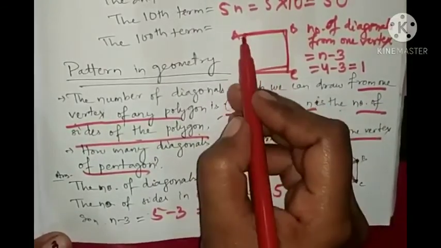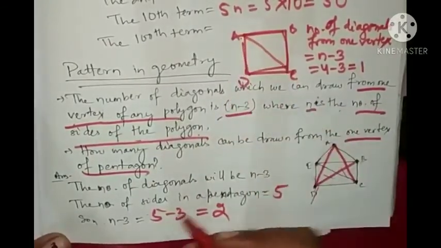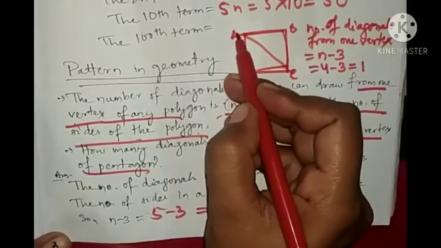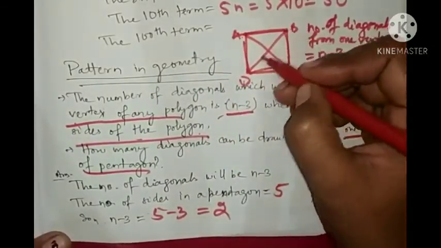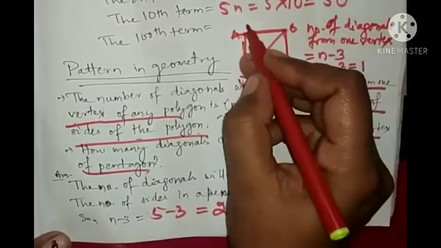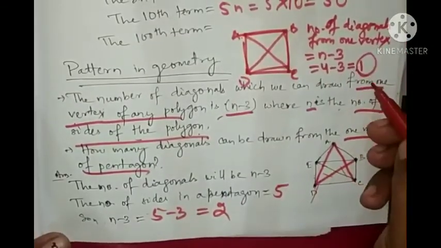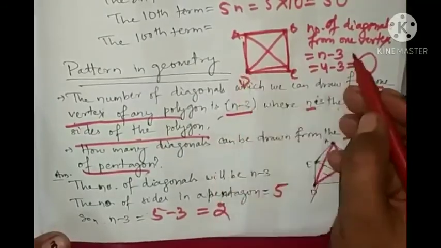From A we can form one diagonal, from C also one, from D one, and from B one. So from each vertex we can draw one diagonal in a square.